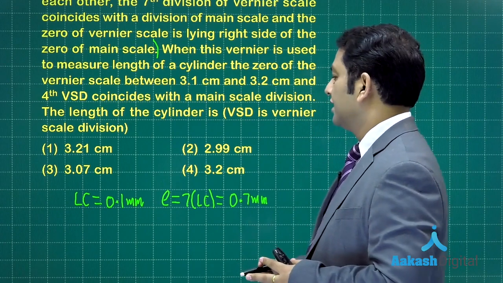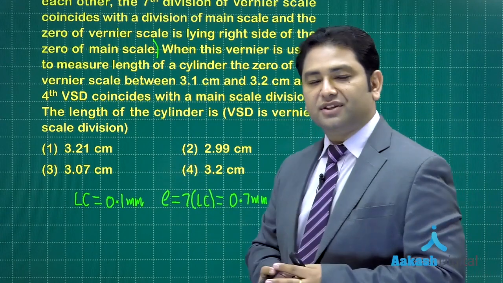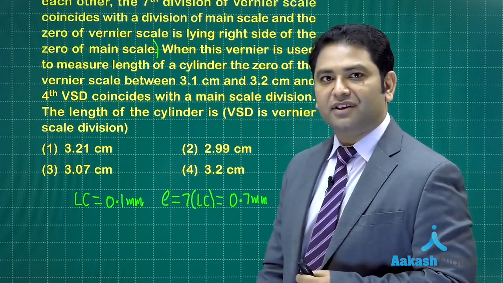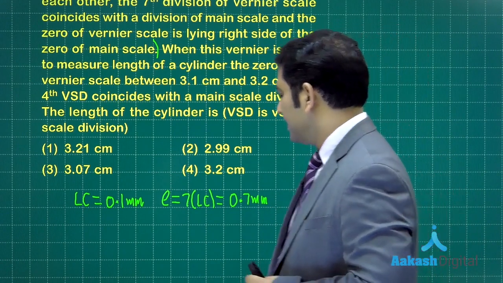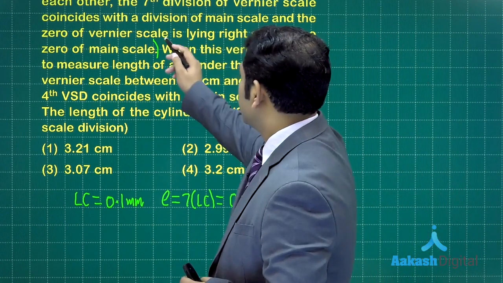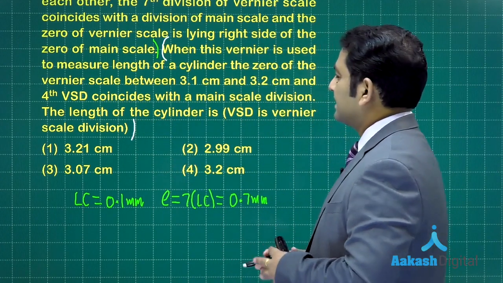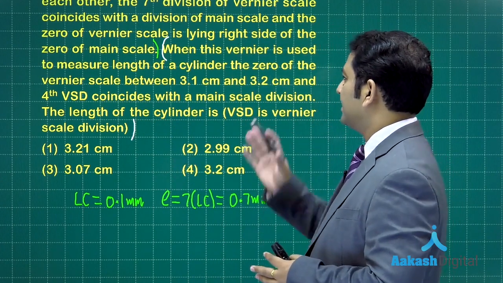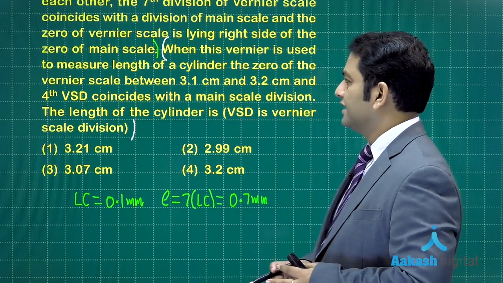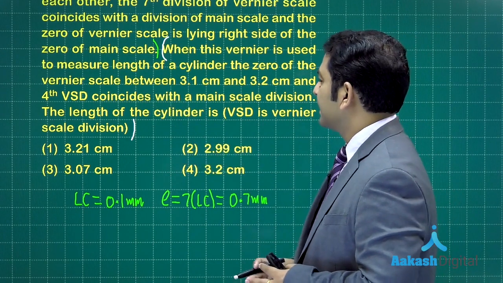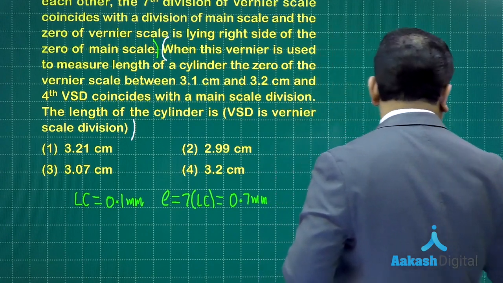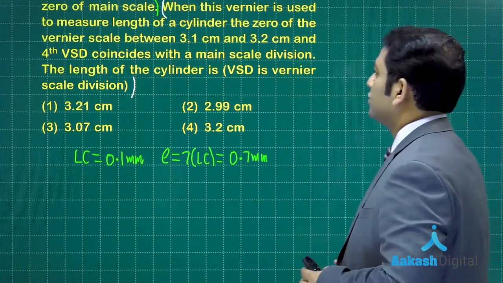That's done. Of course, if the error is positive, the correction would be negative, right? Now comes the measurement part. So here, this would be the measurement part. Let's see. When this instrument is used to measure the length of a cylinder, 0 of the vernier scale lies between 3.1 centimeter and 3.2 centimeter.